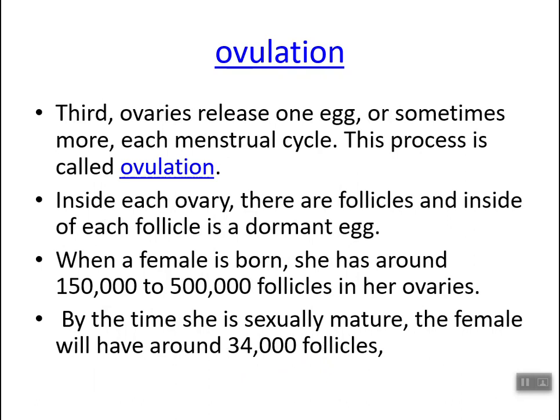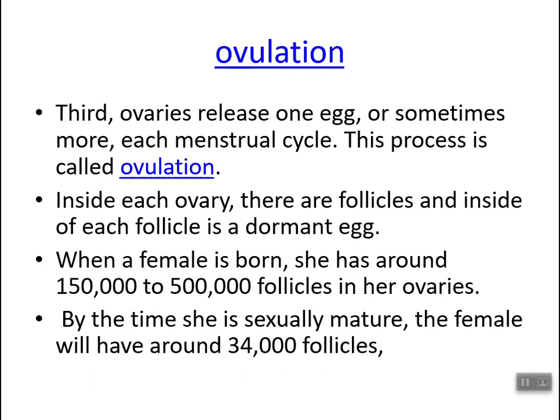Inside each ovary there are follicles, and inside each follicle is a dormant egg. When a girl child is born, she may have 1,50,000 to 5 lakh follicles in her ovaries.